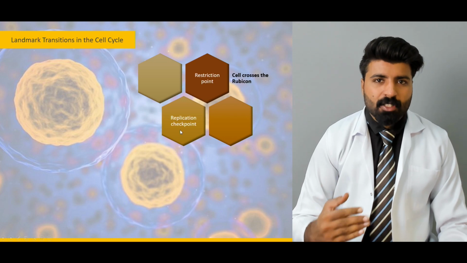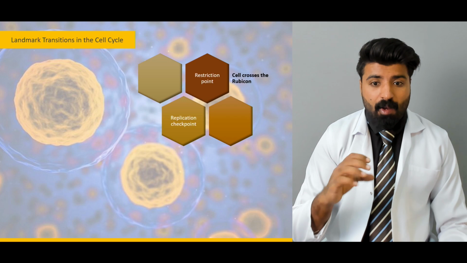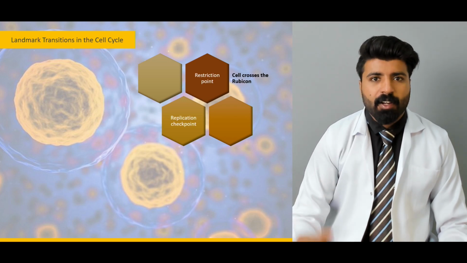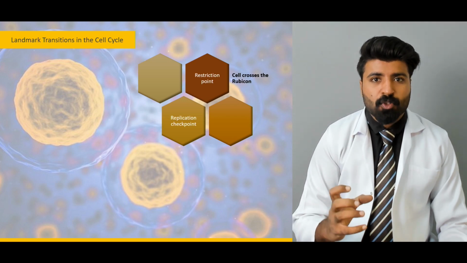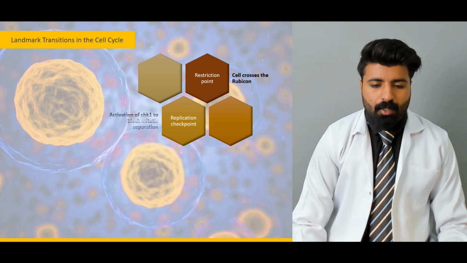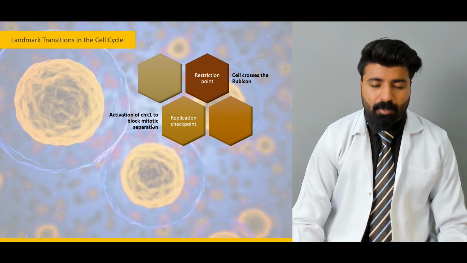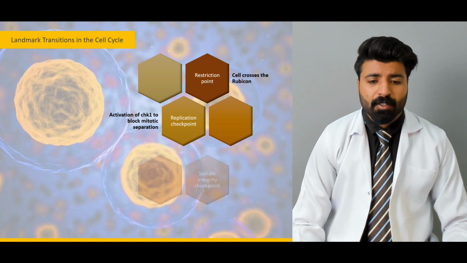Before replication, there's another checkpoint which makes sure the chromosomes are present at their spindles. They're not far away. They're present on the places where they're supposed to be so that allele functioning can happen. So the activation of CHK1 to block mitotic separation comes here if there's any problem present inside that spindle network.